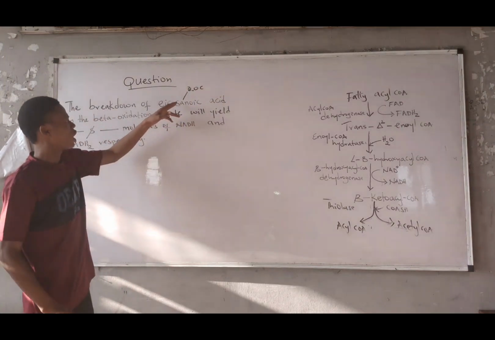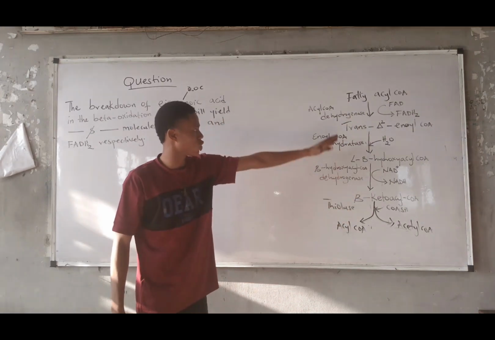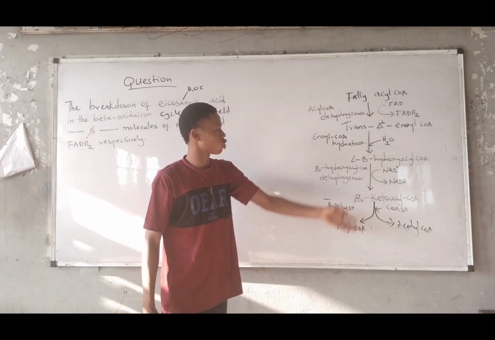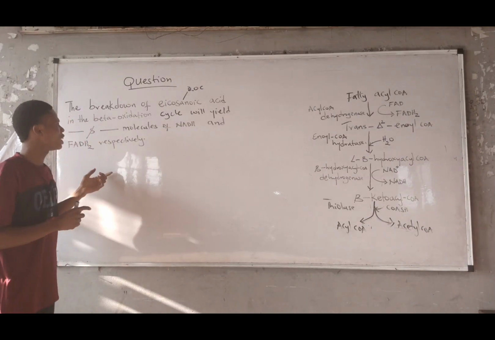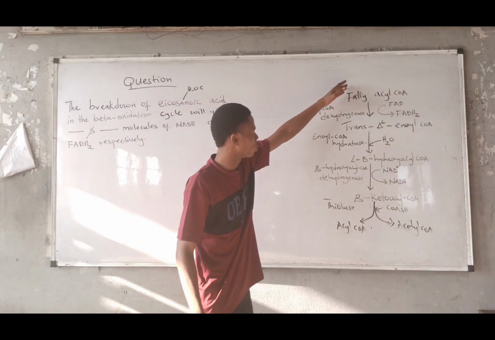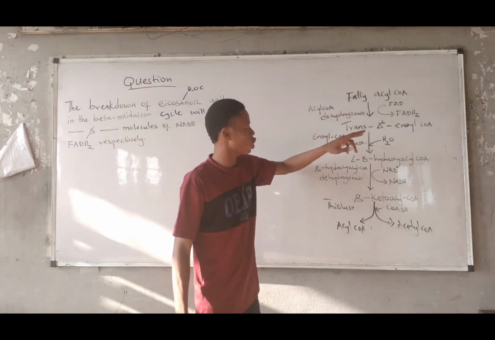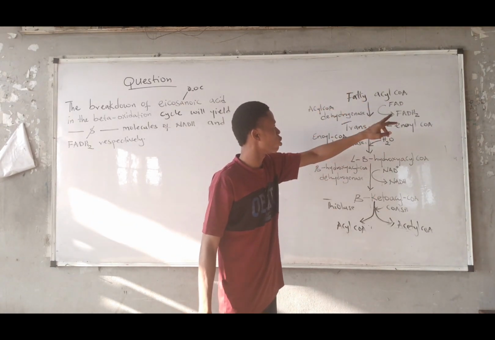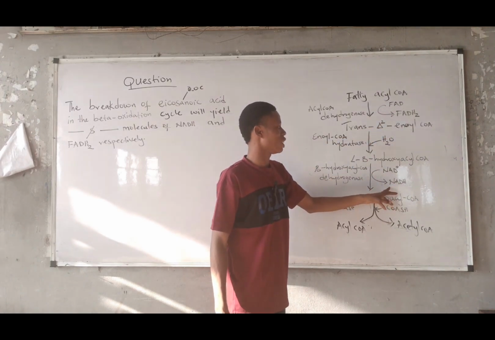Now if eicosanoic acid goes through the beta oxidation pathway, which is still on the board, how many FADH2 and how many NADH are we going to produce? If you notice from this pathway on the board, this is just one cycle of beta oxidation, and for each cycle we produce one FADH2 and one NADH.